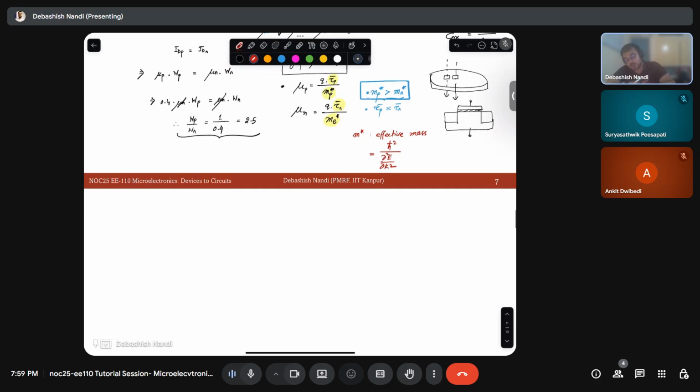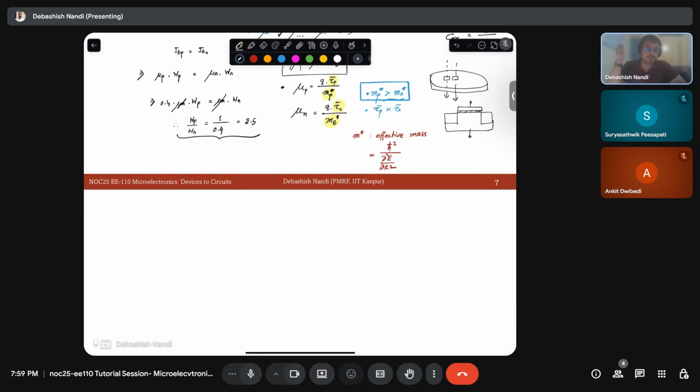Some concept of what? Wave vector. That is fine, but you can understand it very easily. First of all, why is it called effective mass? I have told you in the last class. Why effective?